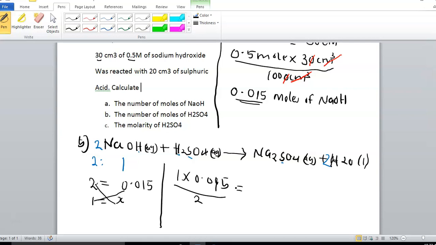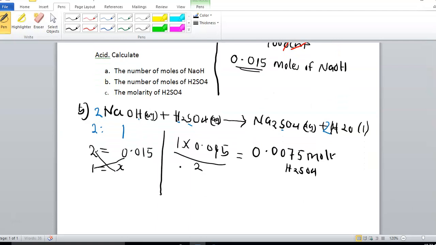When we divide by 2, we get 0.0075 moles of sulfuric acid. This is the number of moles of the sulfuric acid used.